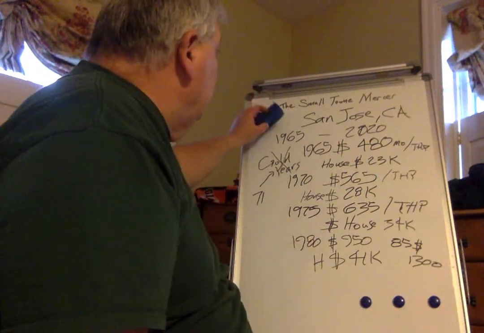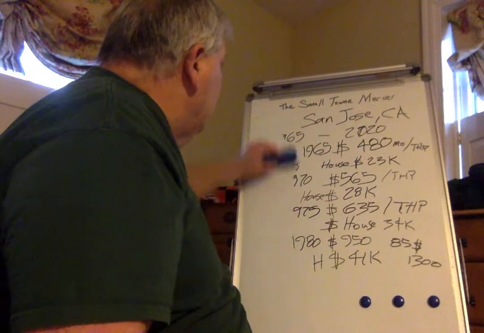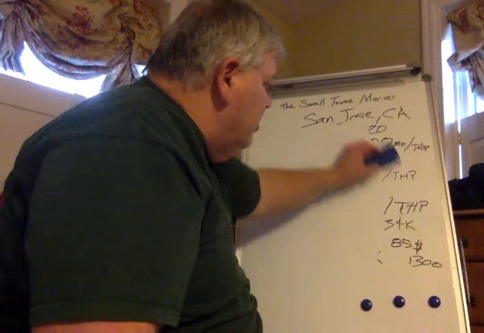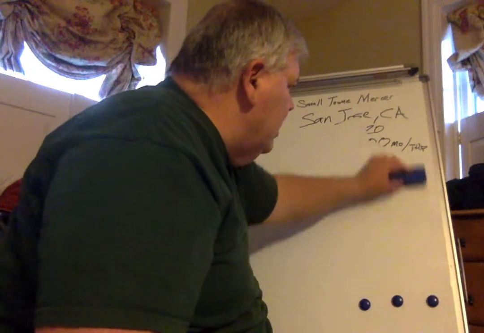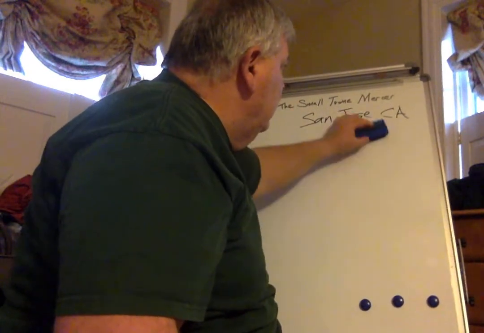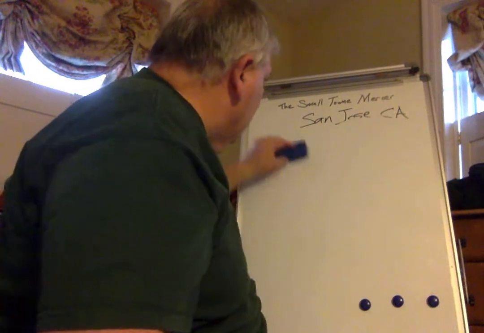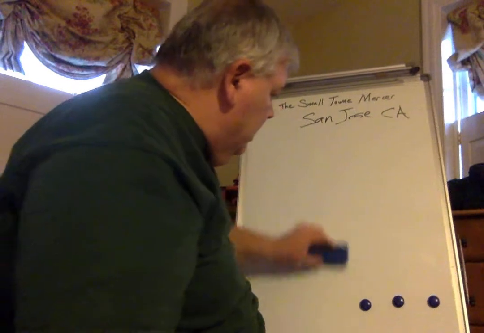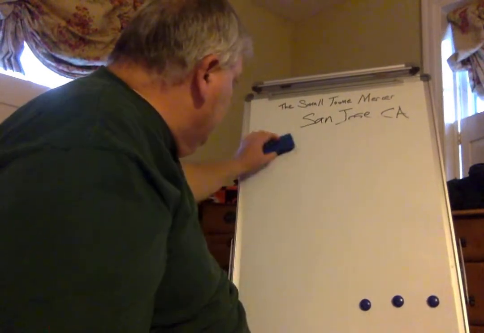But even in the 1980s, you still had a lot of manufacturing jobs. The computer industry was starting to get going in the 1980s, and it was becoming Silicon Valley.